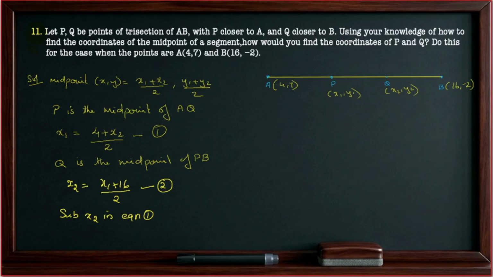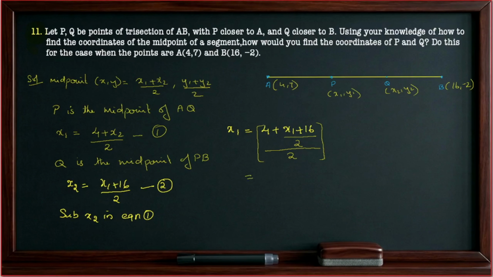Then the equation becomes x1 is equal to (4 + (x1 + 16)/2)/2, right? Because if you look here, (4 + x2)/2, there is my divided by 2 here. When we are substituting x2's value, don't forget to put this whole by 2.